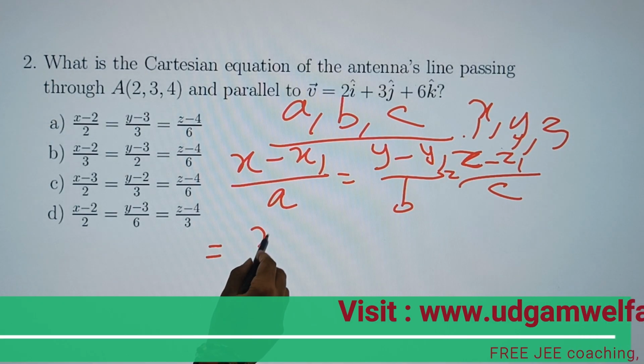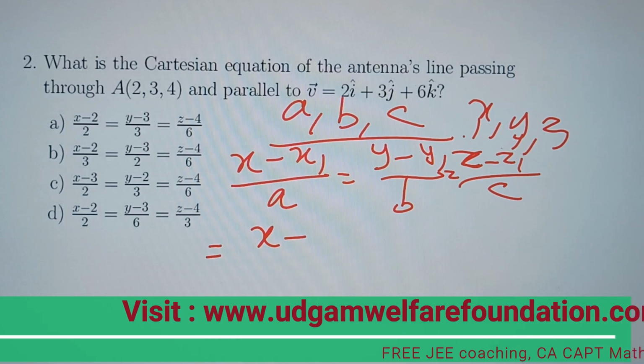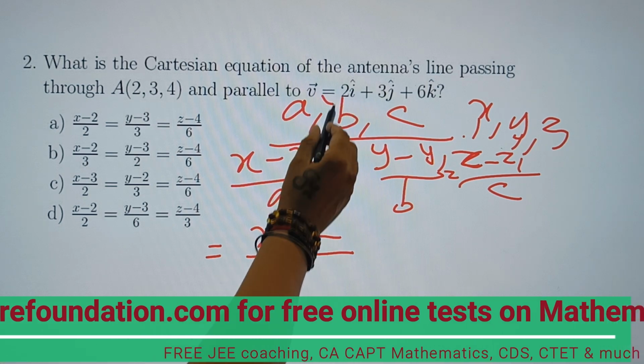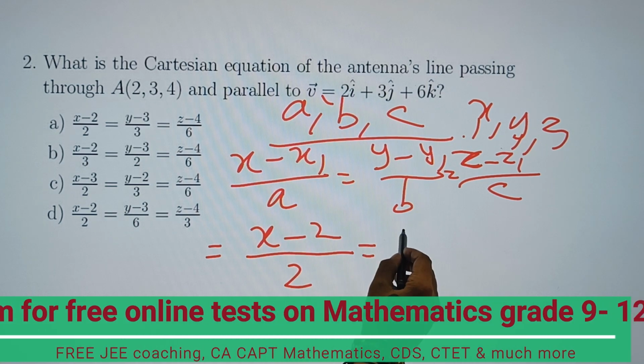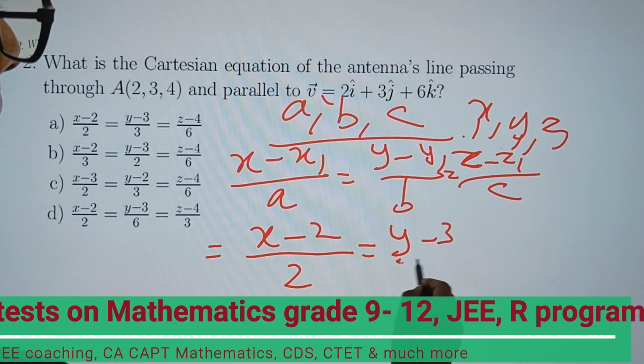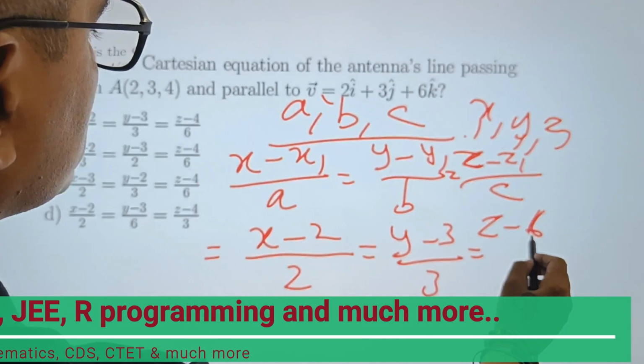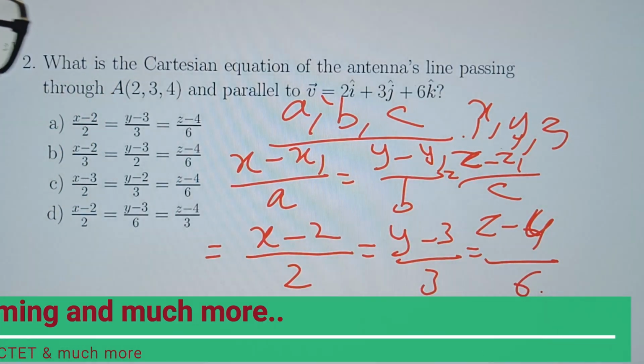Very simple. Now x1, y1, z1 is the point (2, 3, 4), so x - 2 upon a, where a is the coefficient which is 2 again, equals y - 3 upon 3 equals z - 4 upon 6.